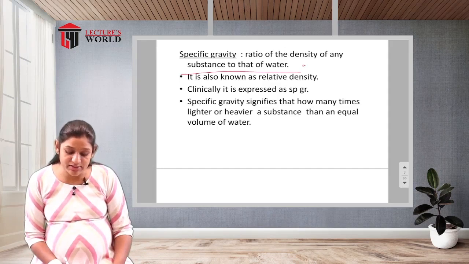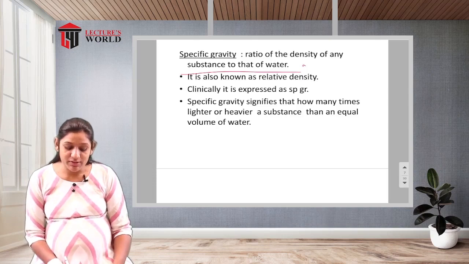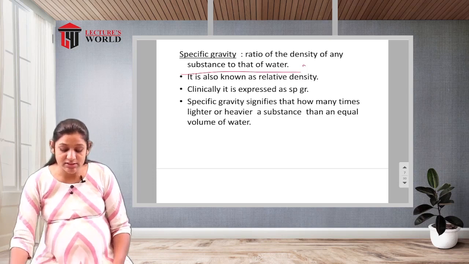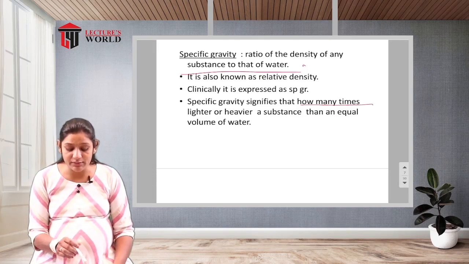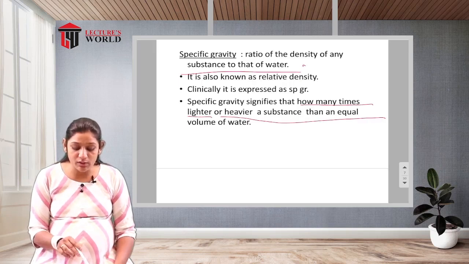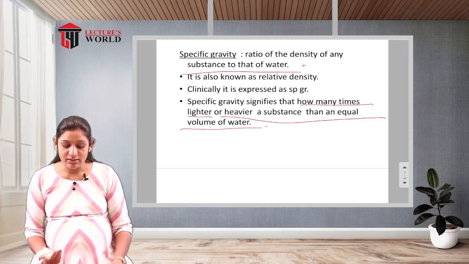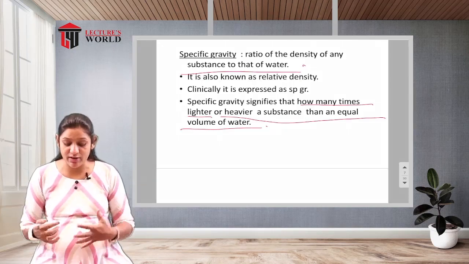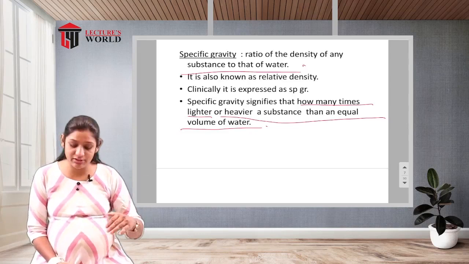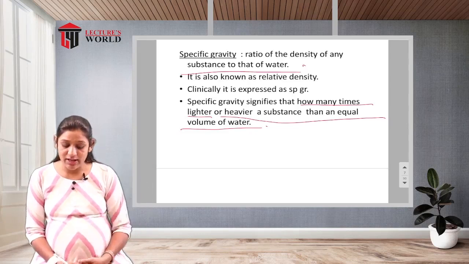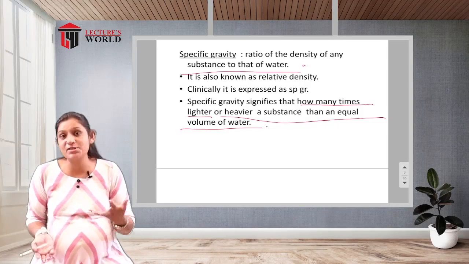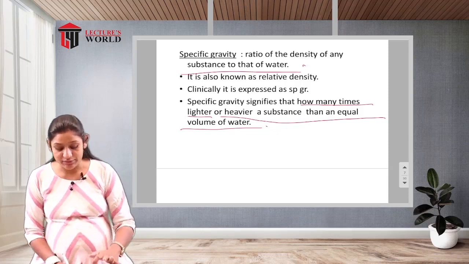Clinically, it is expressed as specific gravity, which signifies how many times lighter or heavier a substance is than an equal volume of water, a specific comparison with a specific volume of water.